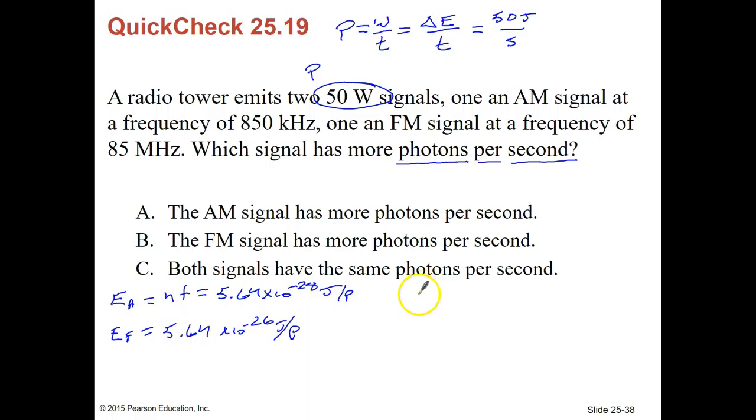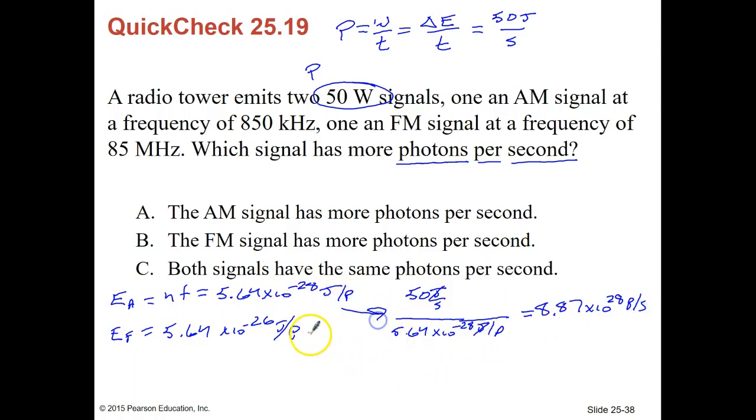To do that, we know from up top that you have 50 joules per second of energy, and you divide it by the 5.64 times 10 to the negative 28 joules per photon. You'll see that the joules cross off and you're left with photons per second. This one is going to be 8.87 times 10 to the 28th photons per second.